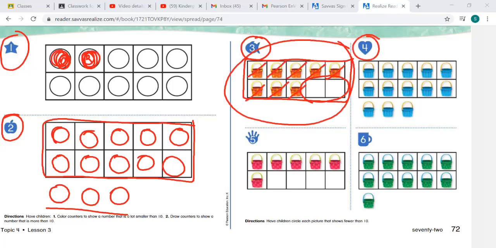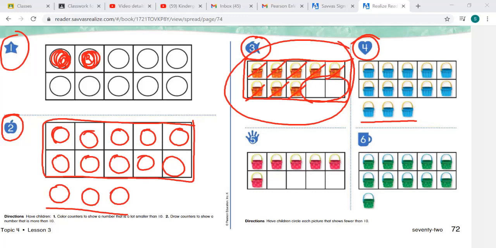Let's look at number 4. Is this fewer than 10? Look at the 10 frame. Is it filled up? It is. And look, we have extra pails. So this picture shows more. The number is greater than 10. So we're not going to circle it.